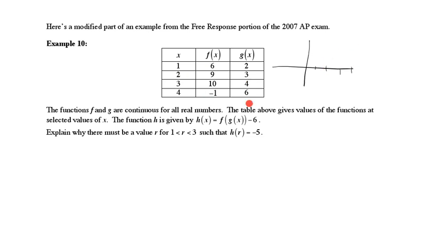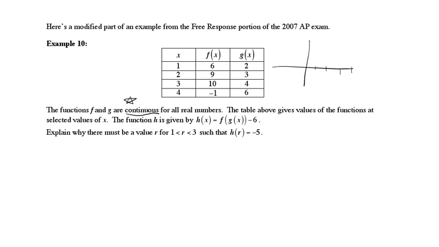In the question it says, the functions f and g are continuous. This is not just something they throw out there for fun. This is important. They are telling you they're continuous for a reason. They don't just say things casually in the AP test.